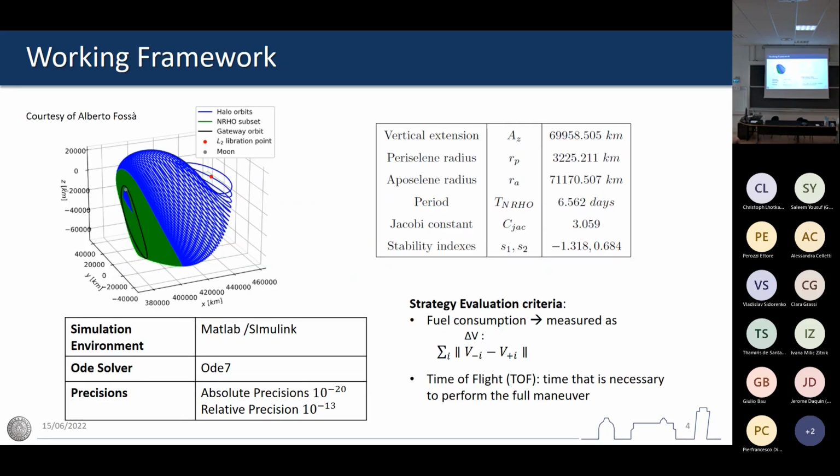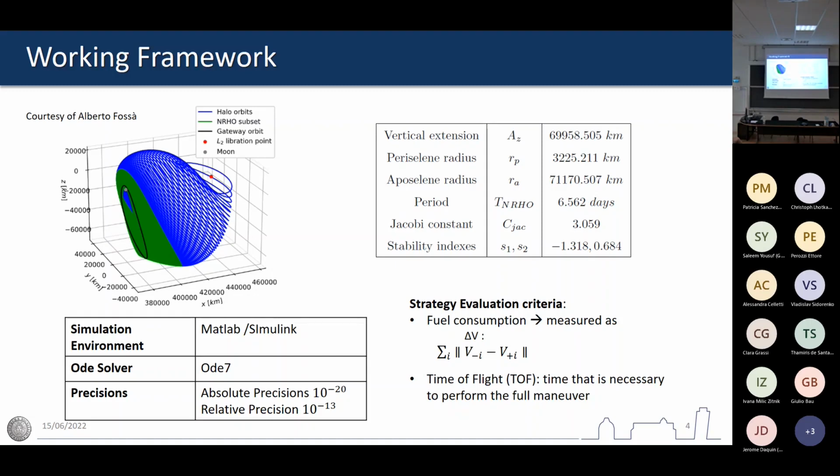My working example is, as I was saying, the orbit of the Gateway. So we have a 9:2 resonance orbit and a near rectilinear halo orbit around the Lagrangian point L2, with the characteristics that you can see here. All the results are obtained with numerical methods.